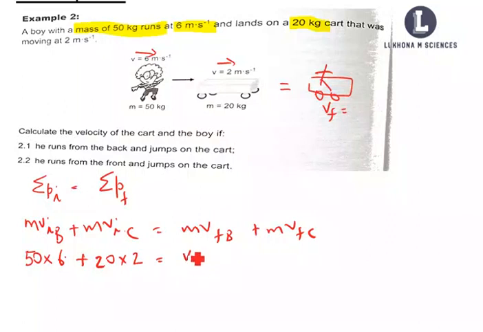So we'll have the common velocity times the mass of the boy, which is 50, plus the mass of the cat, which is 20. Okay, so we press calculator here. So we get 340 here, then here we get 70, then we divide by 70.